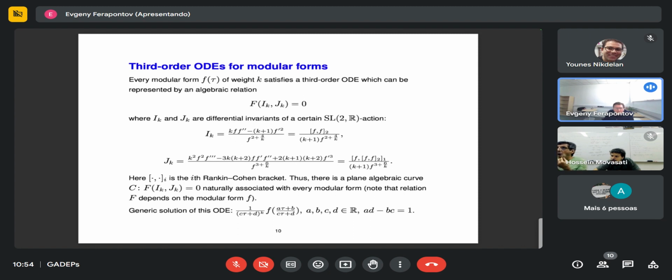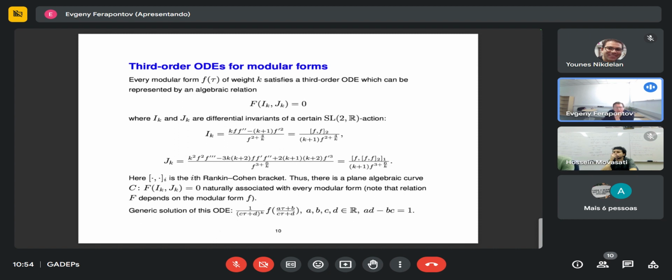You see, it depends on k, the weight. And the action of SL(2,R) on f is given by this formula on the last line. This is the action of SL(2,R), right? And this is the second order differential invariant of this action. This is a third order differential invariant of this action, right?